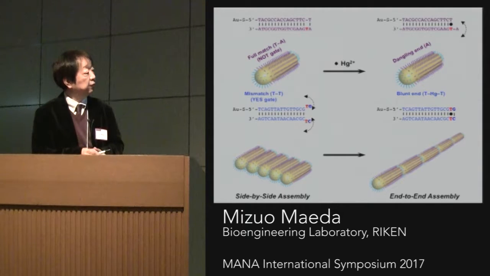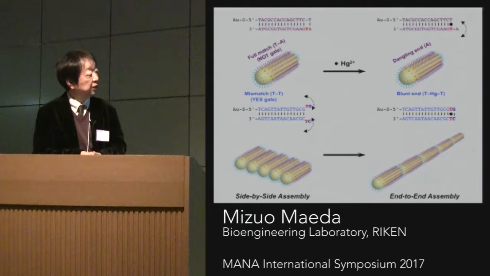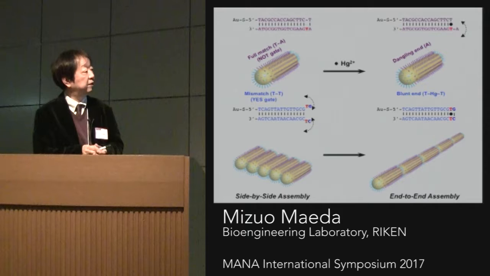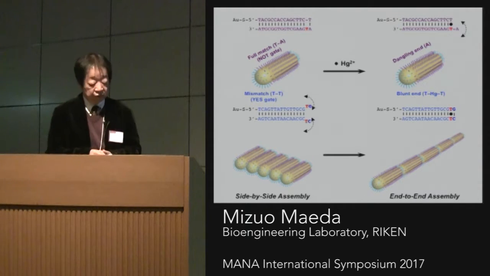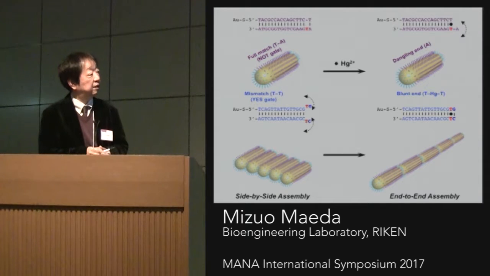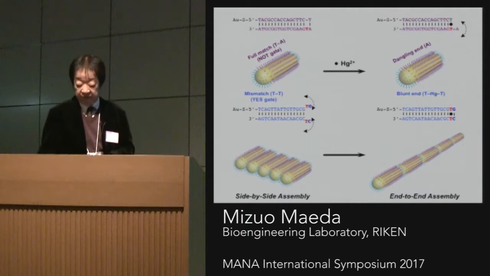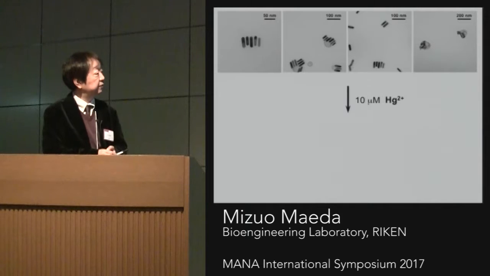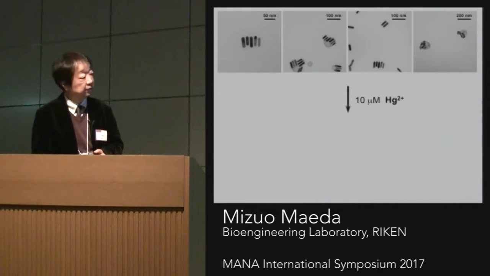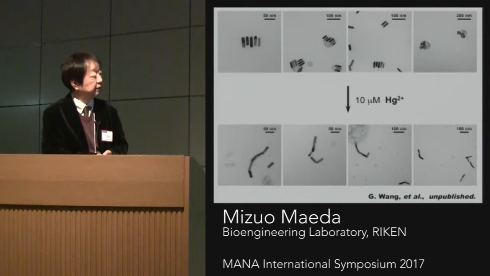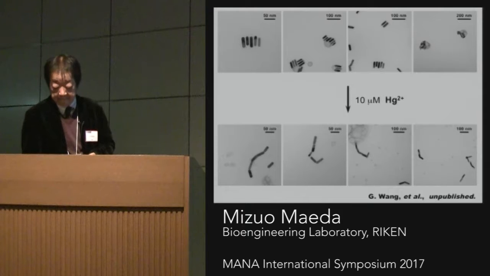Then with the addition of mercury ion, both ends should be stabilized to give sticky ends, but the side should give protruding A to give a non-sticky surface. The result: first side-by-side assembly was observed, but with the addition of mercury ion, you can see end-to-end assembly this way.